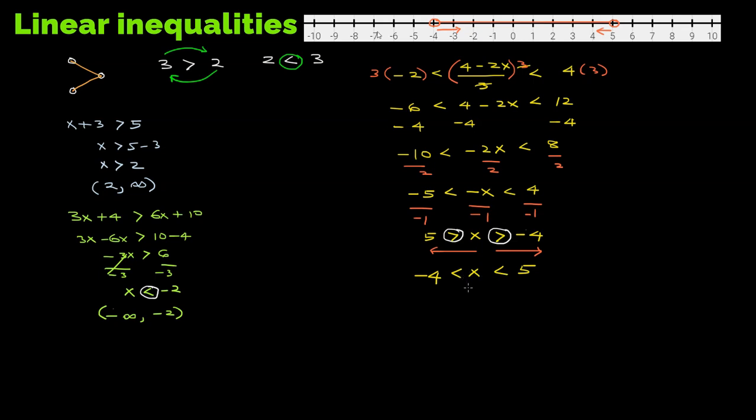You have to represent this as two solutions: the first solution, x is greater than negative 4, and the second solution, x is less than 5. If we were to write it in interval notation, I have to put negative 4, comma, 5. And this is our solution for this problem.